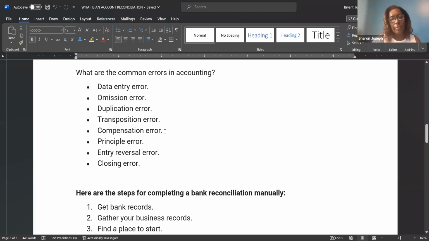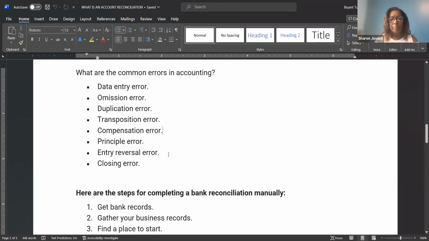There are compensation errors. These are things that you have recorded in your payroll incorrectly. Principal errors mean that perhaps you have recorded a loan incorrectly. You didn't record the interest that's due or paid and so forth. Then there are entry reversal errors.